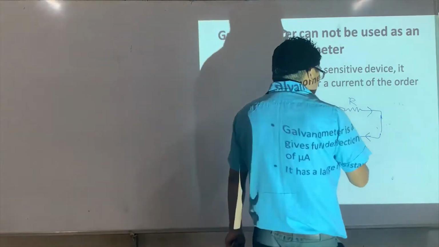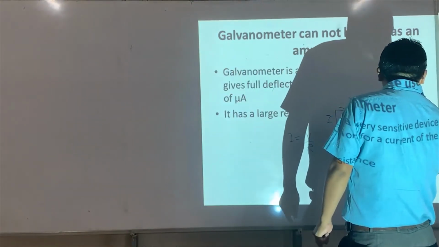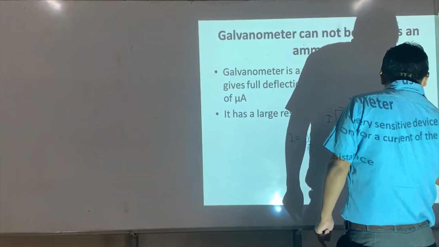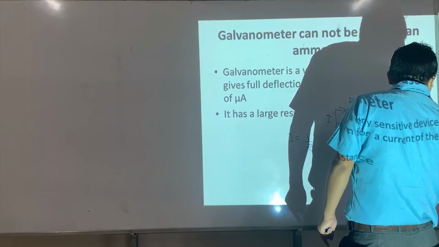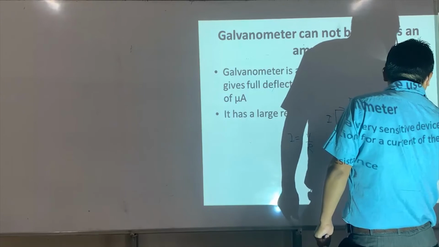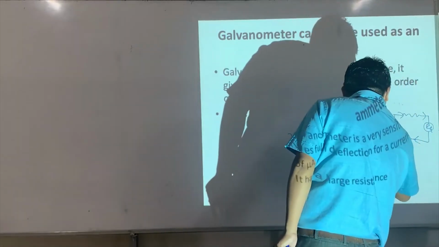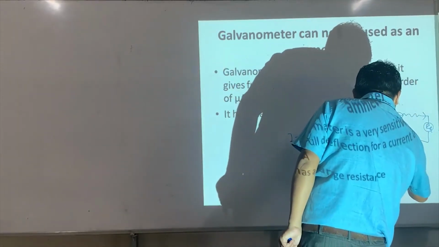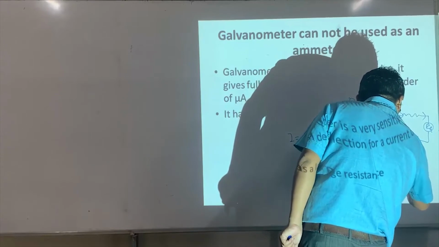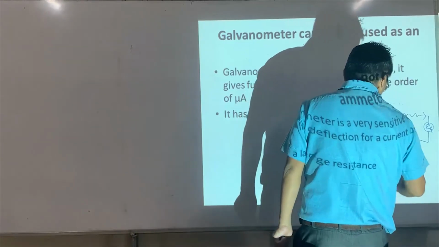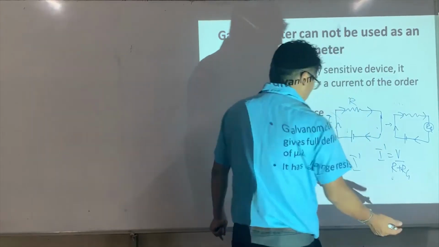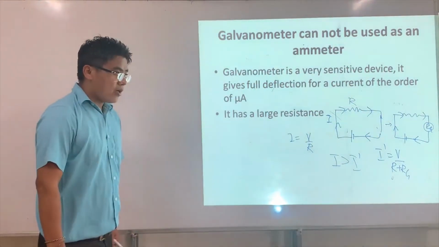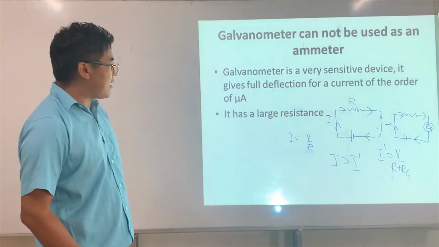Now, after connecting the galvanometer, let's say the galvanometer has resistance Rg. After connecting the galvanometer, the current would be equal to V divided by R plus Rg. So the current before is much greater than this. So it is not at all used for finding out the current, right?